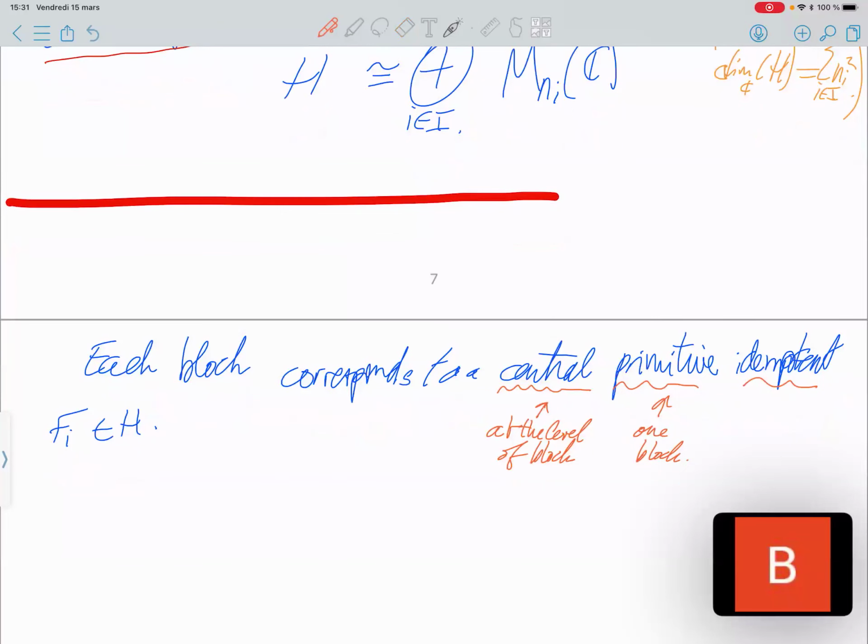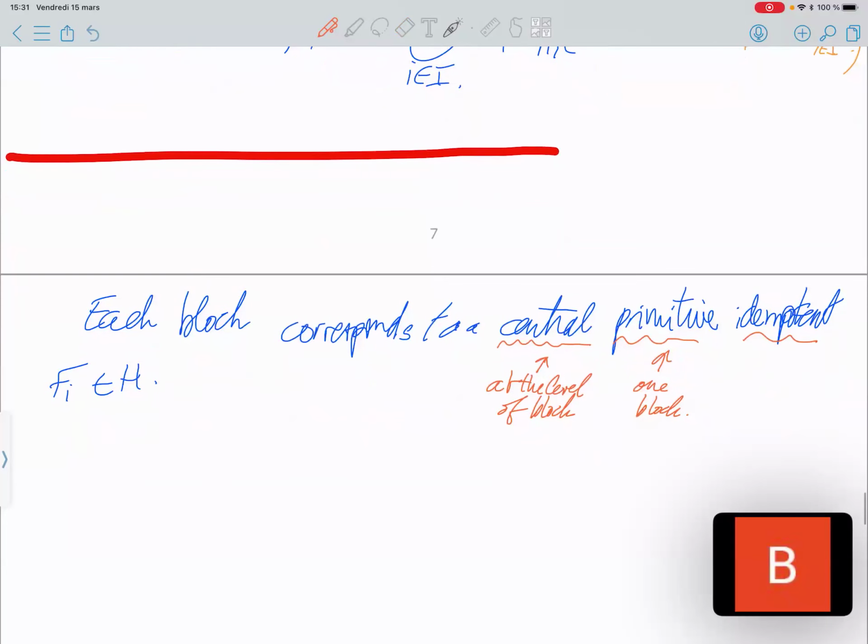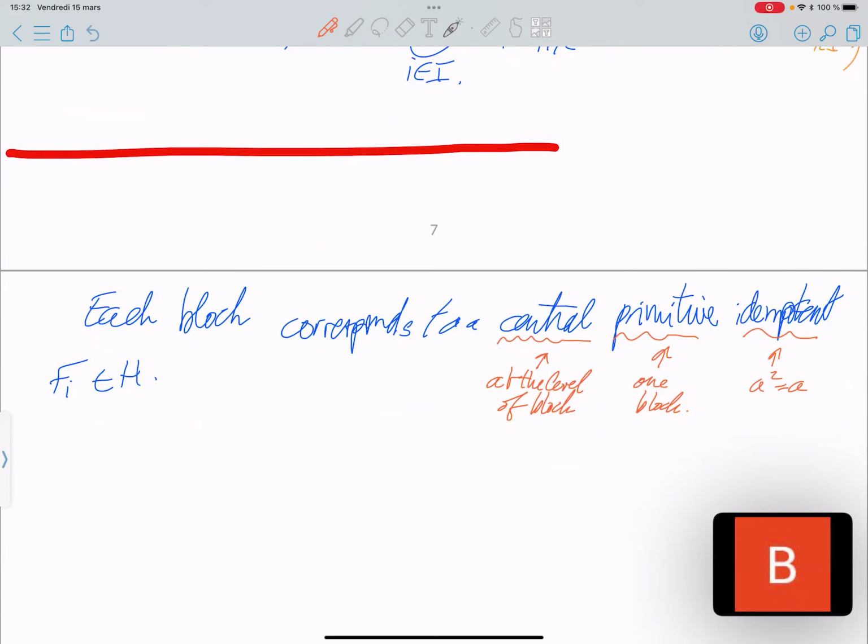But here, it's semi-simple, so you don't need to care. It's just one block. And idempotent means A squared equals A. So in fact, Fi is just identity on its block and 0 everywhere.